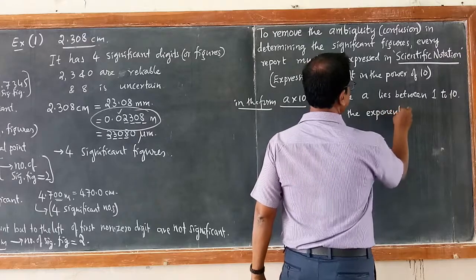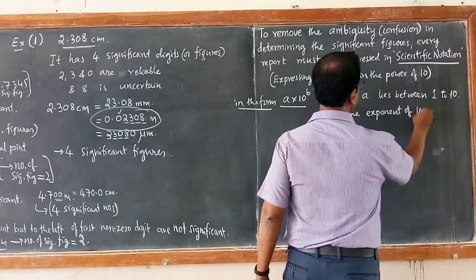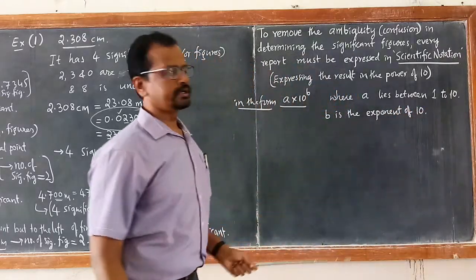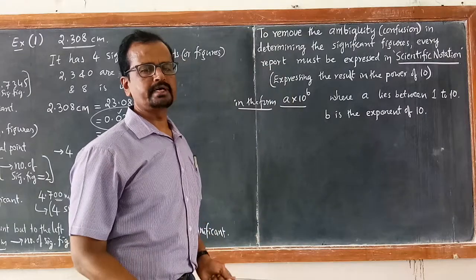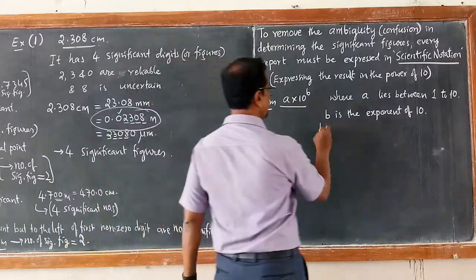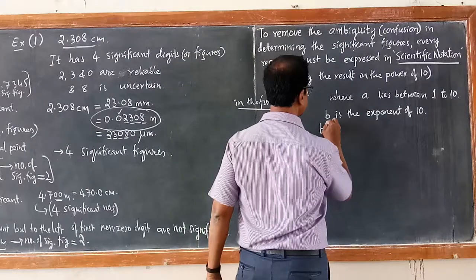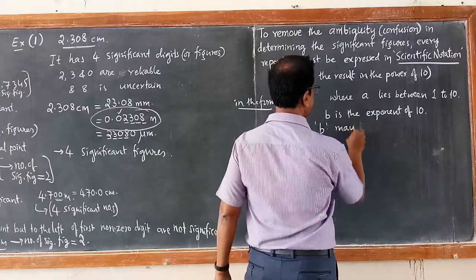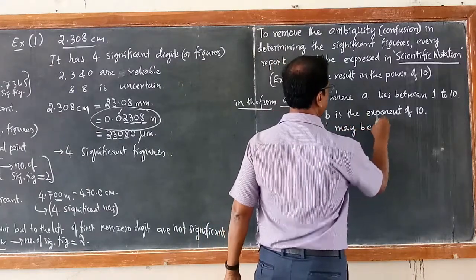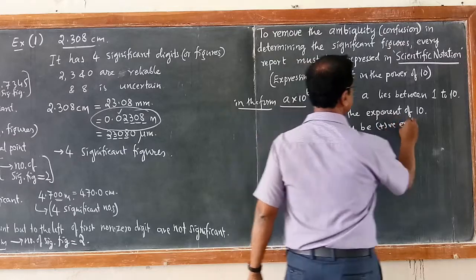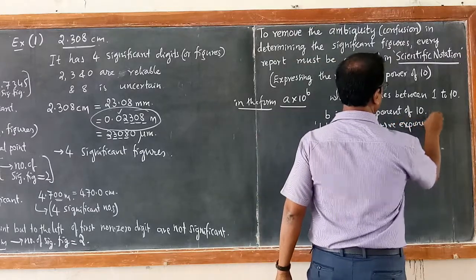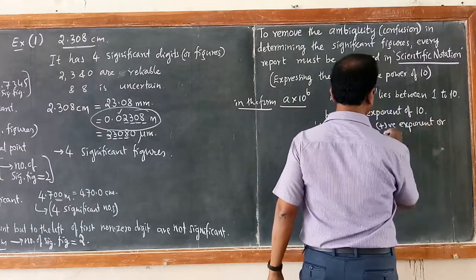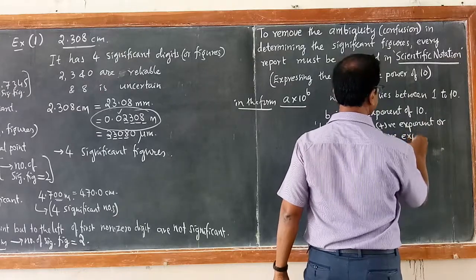It is called the exponent of 10. So this exponent may be positive, or this exponent may be negative. B may be a positive exponent or a negative exponent.